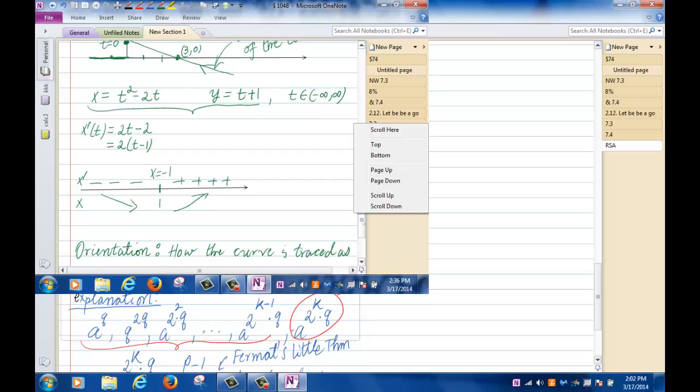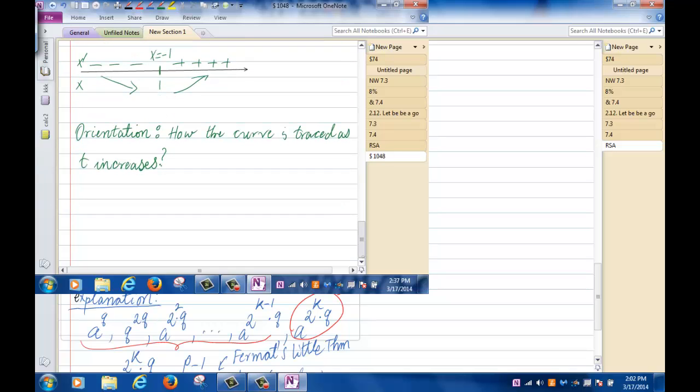So what I'm saying then is, by looking at the graph of the formula for x, which is t squared minus 2t, I know that as t goes from negative infinity to 1, x decreases from positive infinity to negative 1.